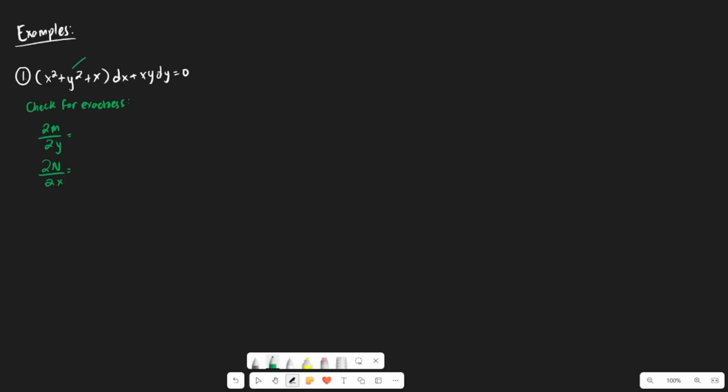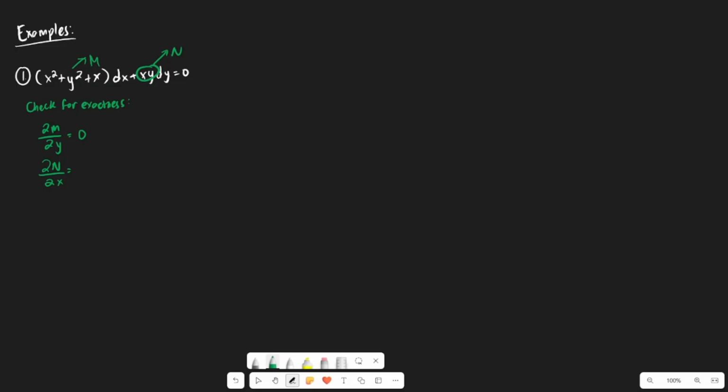Let's look at M. So this is M and this is N. Now the partial of x squared with respect to y is basically just 0, since there are no y variables besides x squared being multiplied.